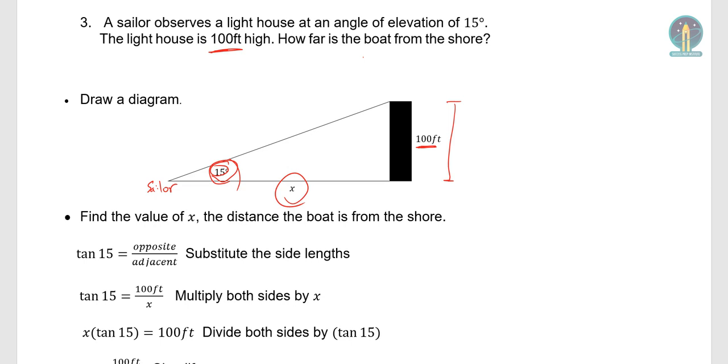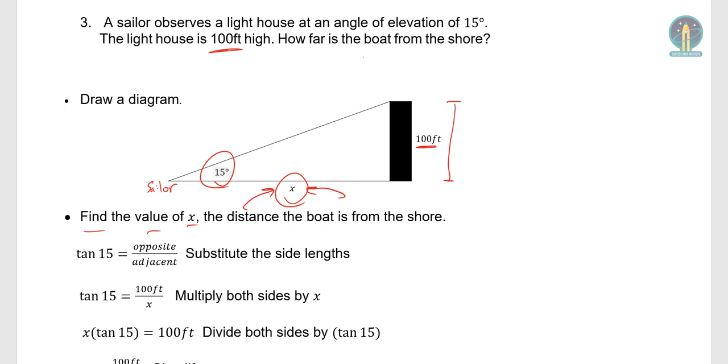Obviously as the boat approaches or moves away from the shore, this angle will change. The height of the lighthouse will always be 100 feet, but this angle will change depending on the distance from the shore, which is x, unknown in our case. Find the value of x, the distance the boat is from the shore.